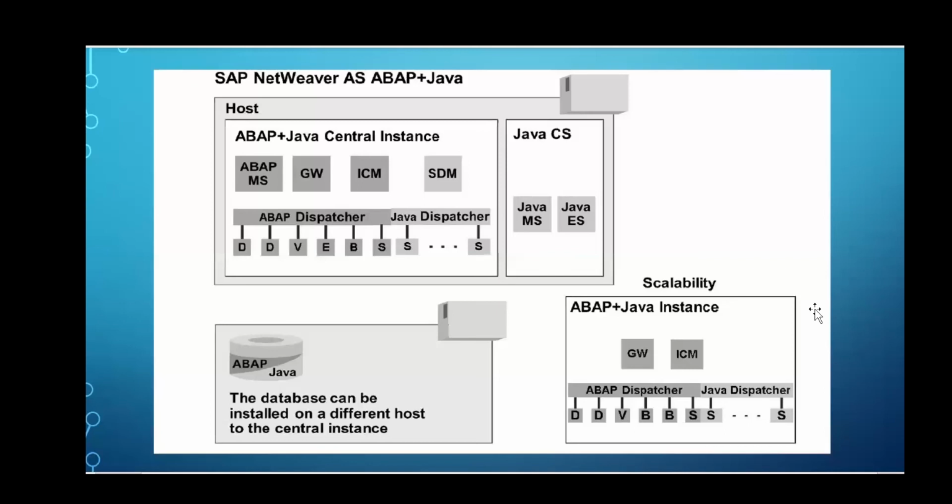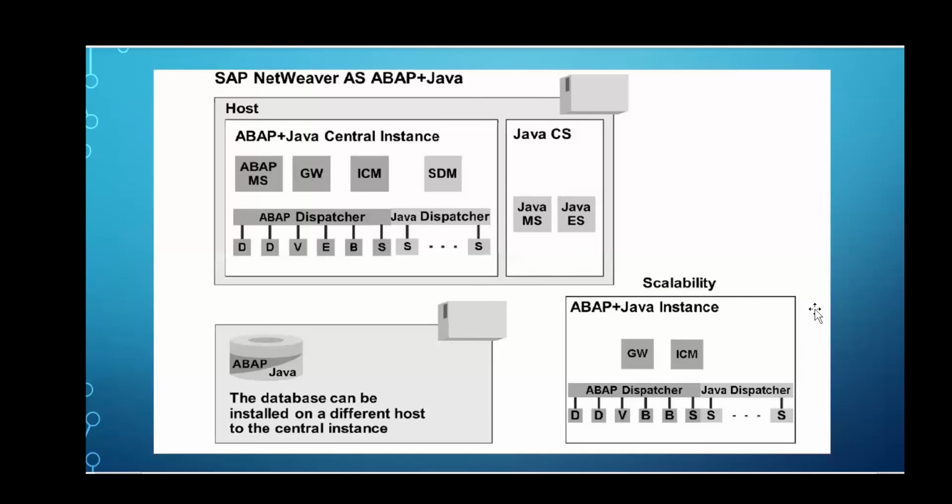No, I didn't see because those two are ABAP plus Java. Those two are mixed, combined here. In host, we have ABAP plus Java central instance. And we have a separate Java central instance. In that we have Java message server and Java enqueue server.